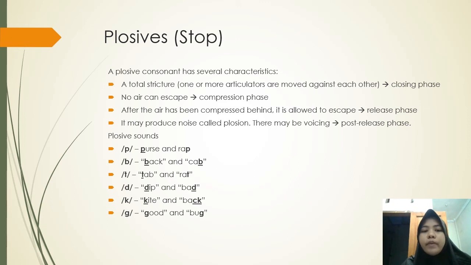Okay, plosive stop is the condition in which you make a total obstruction, so that the air cannot escape and is compressed behind, and after that you release the airflow and make a plosion. There are several plosive sounds in English: p, b, t, d, k, and g.